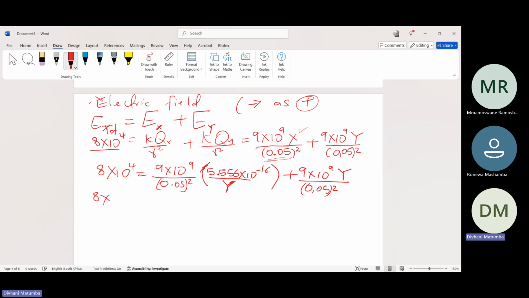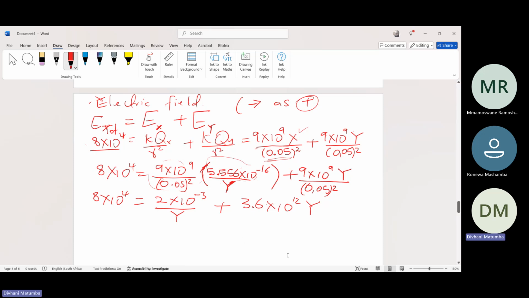So I have 8 times 10 to the power of 4 equals, if I divide all the numbers, I will be left with 2 times 10 to the power of minus 3 over y plus, if I divide these two, 3.6 times 10 to the power of 12 y.